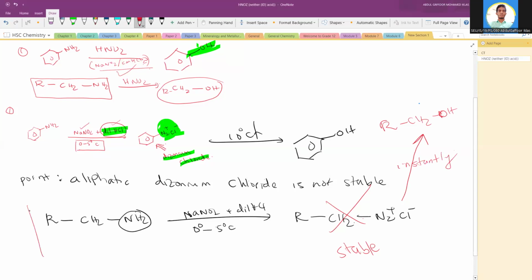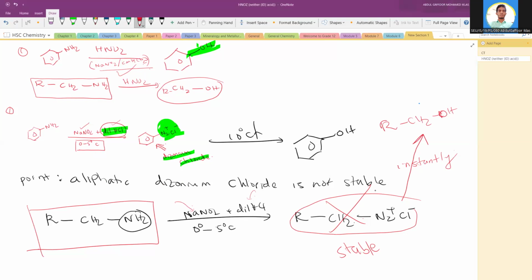I have taken this substance and put NaNO2 and diluted HCl, and let's say we make the reaction happen in a refrigerator. What will happen? Will you get this diazonium chloride or alcohol? The aliphatic diazonium chloride might be an intermediate product, but it is not stable. Even though it is formed, it will instantly convert to alcohol, right?